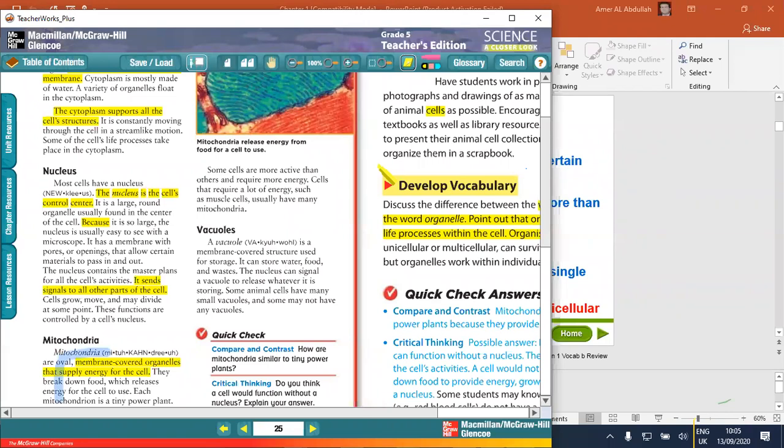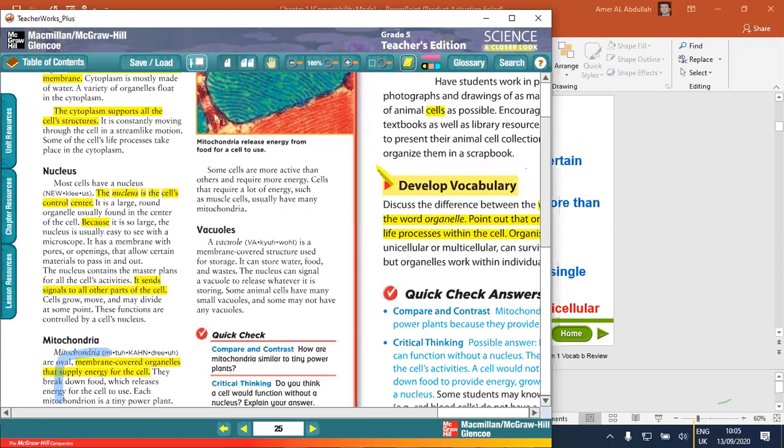The cells are different from each other. Some cells work differently from other cells and require a lot of energy.